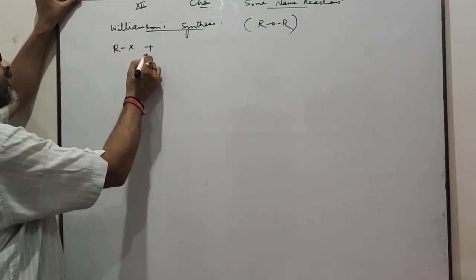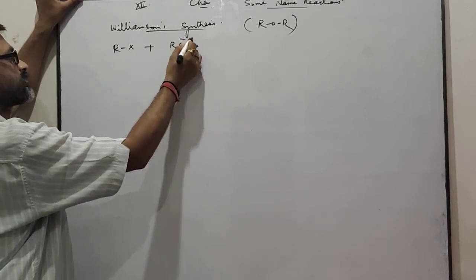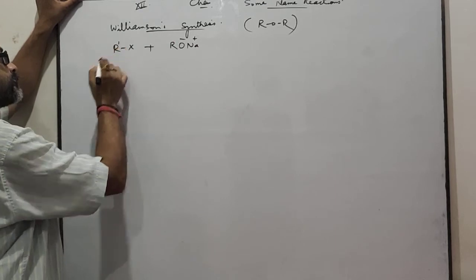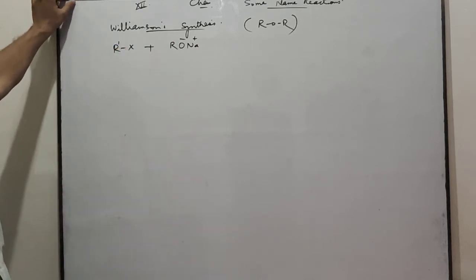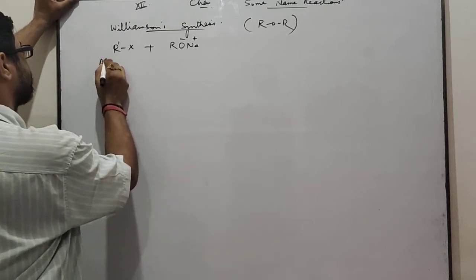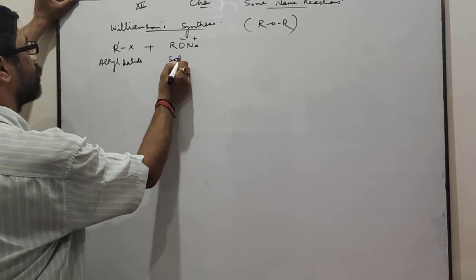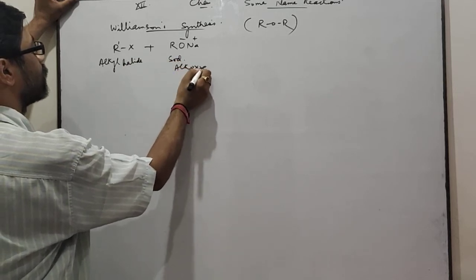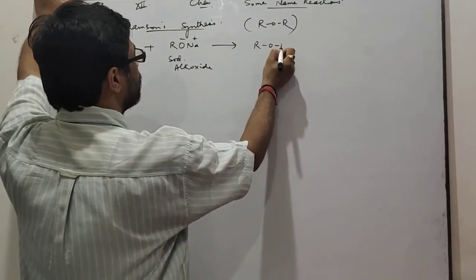In this reaction, alkyl halide is treated with sodium alkoxide. Both can be different or both may be the same. This one is alkyl halide and this one is sodium alkoxide. On reacting, it forms ROR.